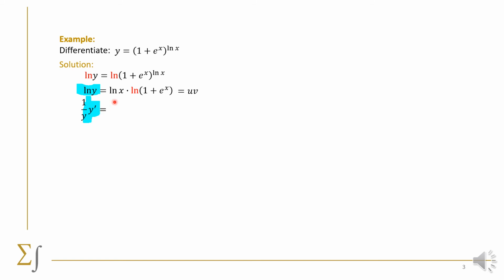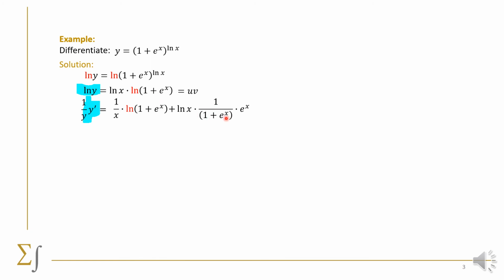On the right-hand side, we'll start applying the product rule. The derivative of ln x is 1 over x multiplied by v, which is ln of 1 plus e^x. This is it for the first term. Now we will take u times v prime. u is ln x. v prime is 1 over inside times derivative of inside. Let's see it. Yes, here we have the ln x for the u.